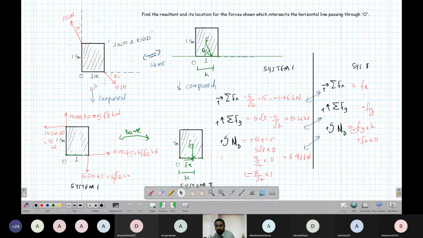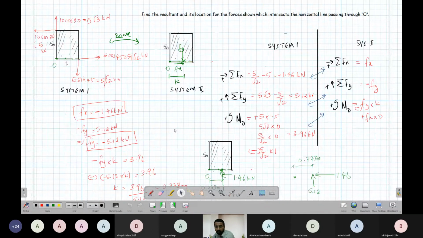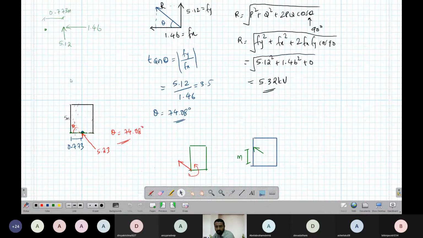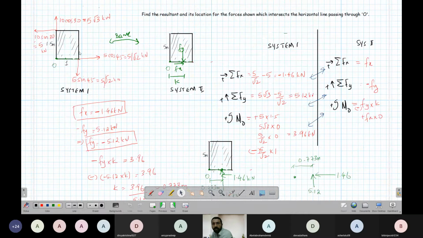So basically we can find the equivalent force on any line. If I ask you, instead of this force, if the force passes through a horizontal line or a vertical line, there is some force on this vertical line which will also give the same action as this force.